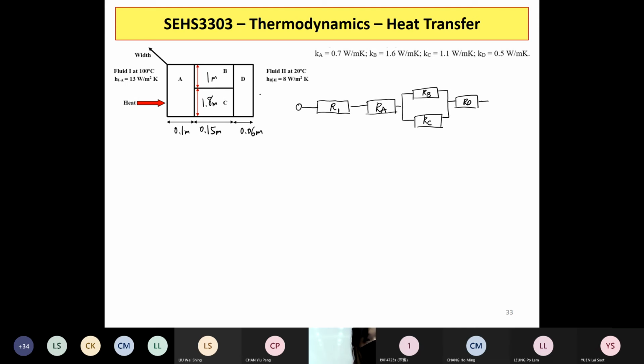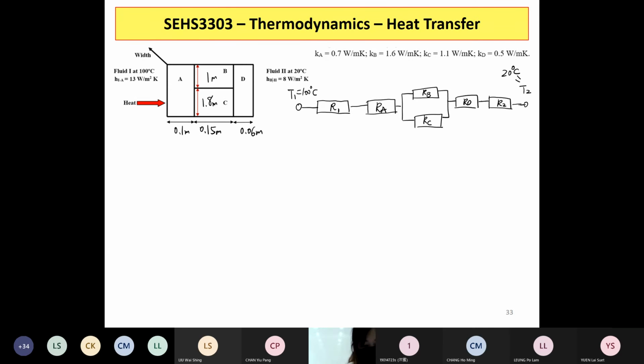From the outer surface of D to fluid 2, that is a convective heat transfer resistor R2. Here T1 is the higher temperature at 100 degrees C, and T2 equals 20 degrees C. Okay, this is our simple diagram to help us solve this problem.